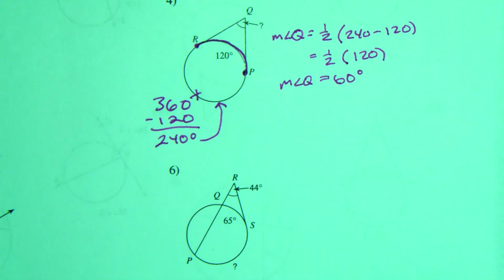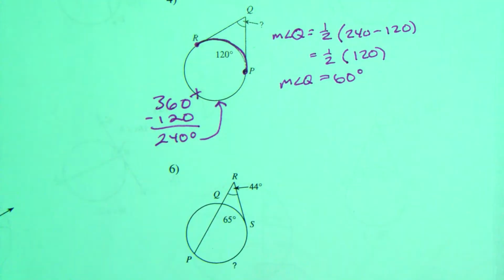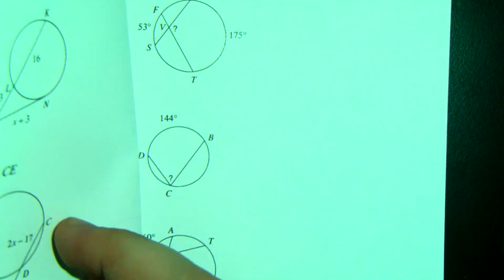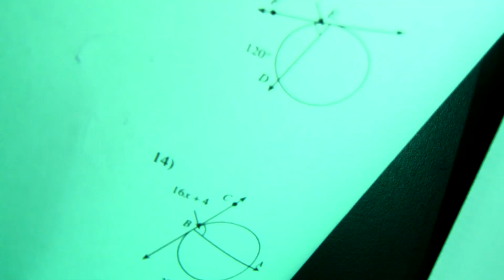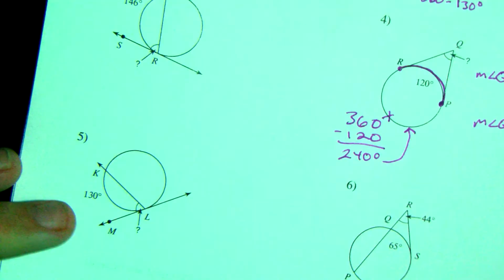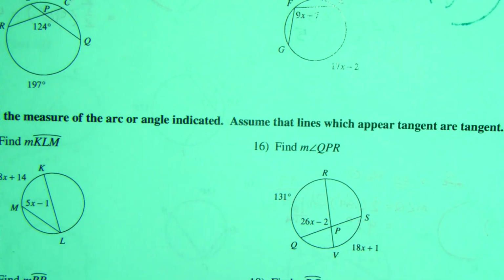Not a tangent and a secant, but if you have 2 secants, then you're going to add. 2 secants you add, everything else you subtract. And I will tell you on the secant tangent and the tangent tangent, you're going to subtract. This one, you're going to subtract every single time. This first one, like this guy, you got to add that. That plus that is equal to 2 times that.